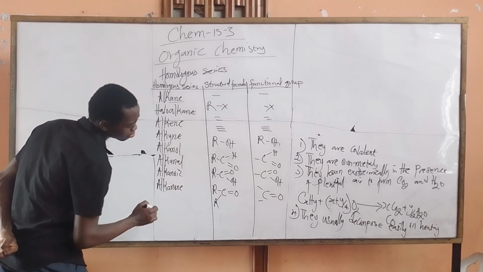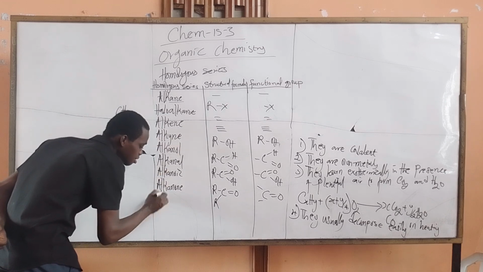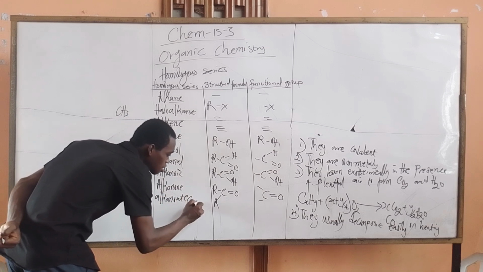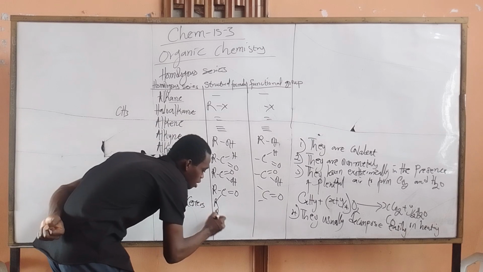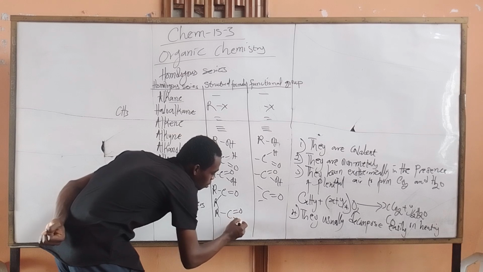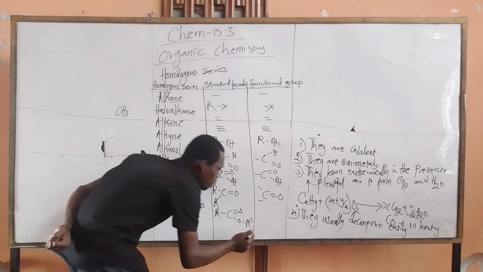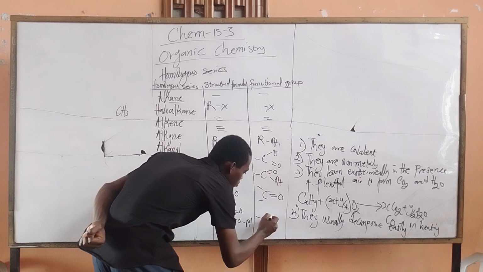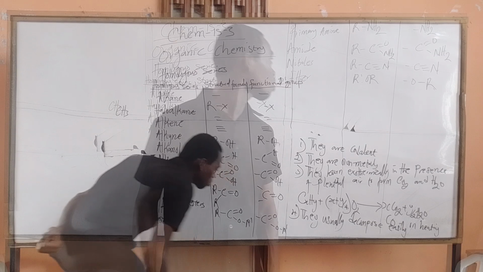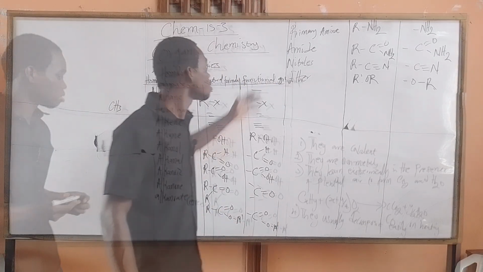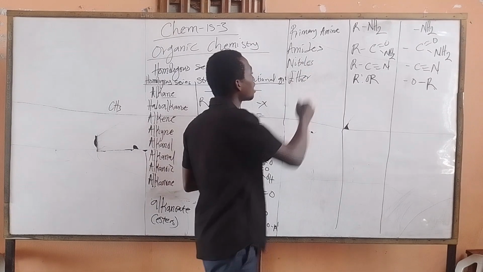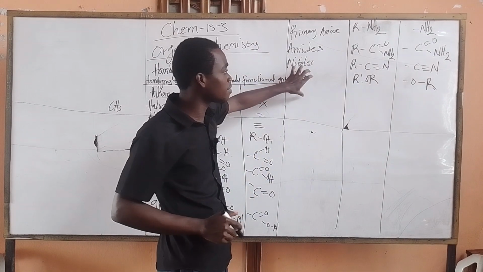We have alkanoates. The alkanoates are also known as esters. Here we have the RCOOR, and also any alkyl group. We have the primary amine, we have the amides, we have the nitriles, and we have the ether.